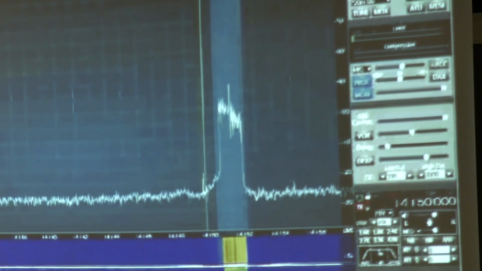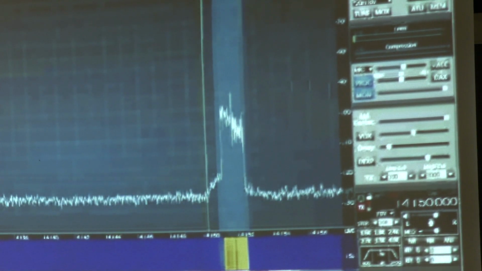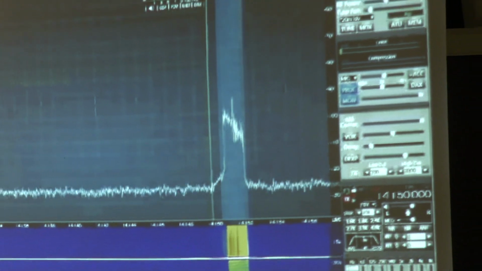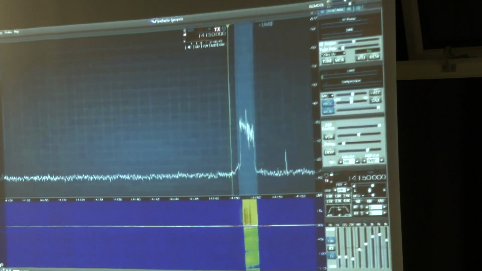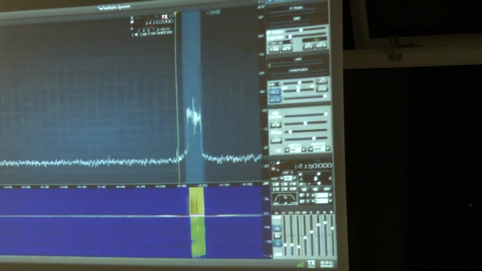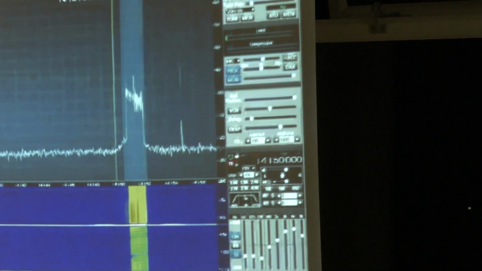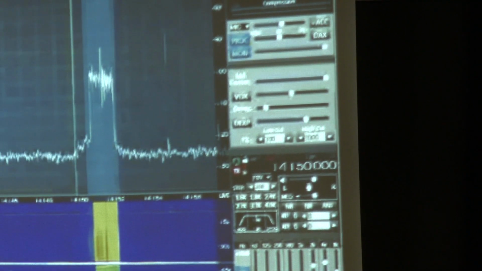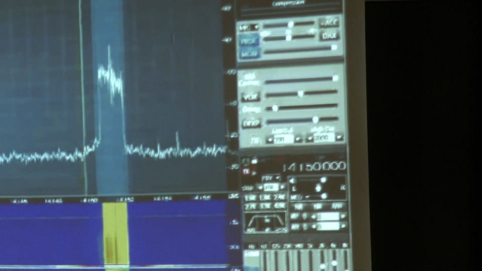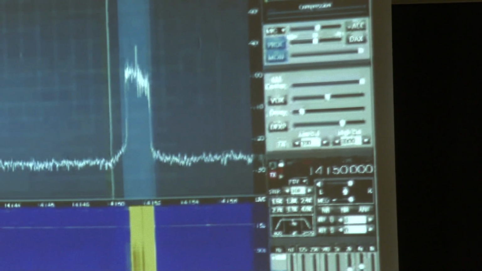We're on 14150, and the upper sideband digital signal is at 800 to 1200 cycles, so 14150.8 to 14151.2.